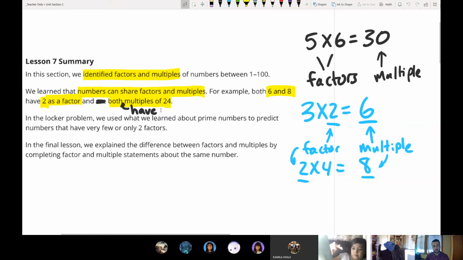Okay, so now let's look at the multiples. How can we prove that both 6 and 8 share a common multiple of 24? So 6 and 8, what math problem can we show that 6 goes into 24 and 8 goes into 24?